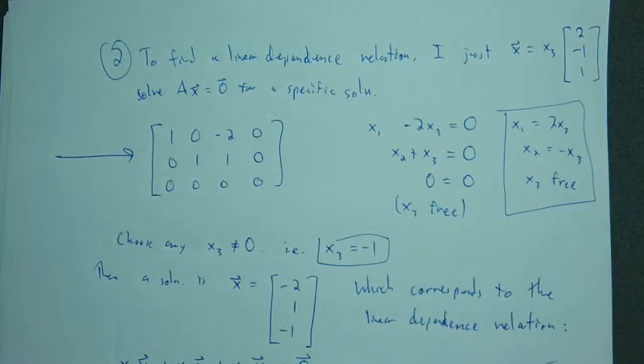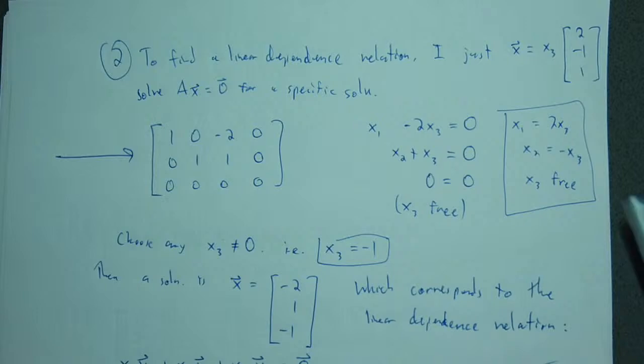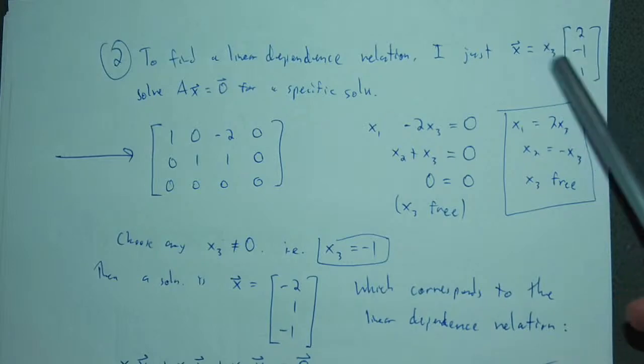And so any solution to this homogeneous equation has to be a scalar multiple of the vector 2, minus 1, 1. So in fact, me choosing x sub 3 equals minus 1 just made it the scalar multiple minus 1 times that vector. Me choosing to multiply this equation by 10 makes it minus 10 as a choice here. Okay. So that's why it works, tying in what the parametric vector form means for this.